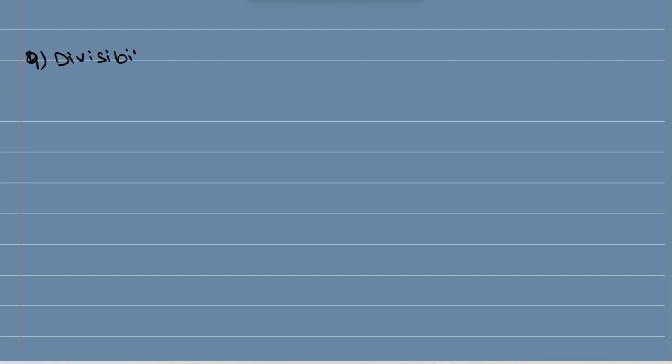Everyone knows the 10 divisibility rule. I'll write it down. If the unit digit of a number is 0, you can say last digit also, then the number is divisible by 10.